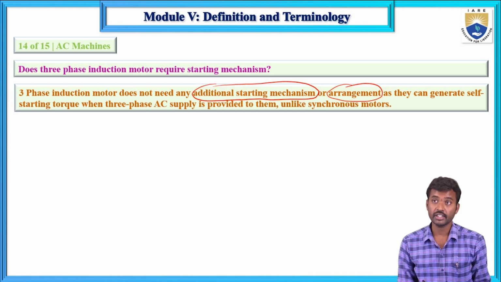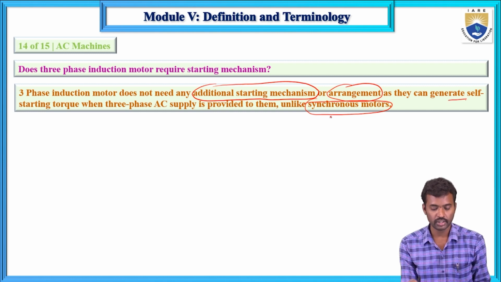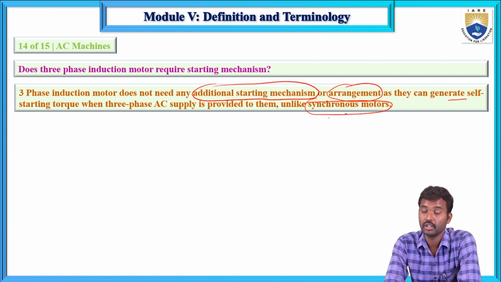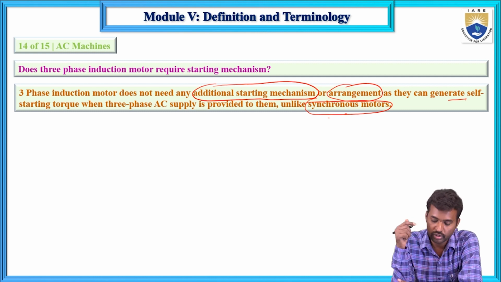But in the case of the AC motor that is the synchronous motor, it requires starting torque. It is a doubly excited machine. At the time of starting, we have to give some supply to the field winding, and also use a starting device.